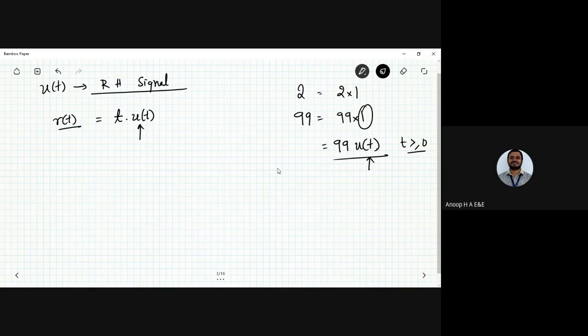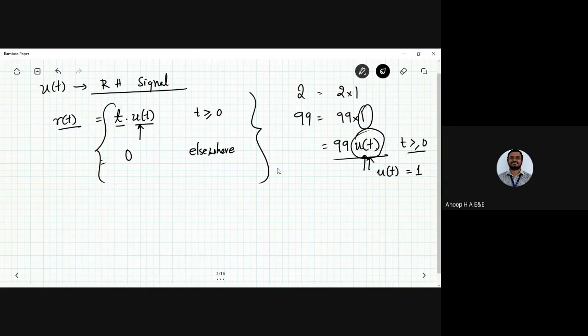So I can write this as t into u(t) for t greater than or equal to 0, and 0 elsewhere. This is the representation of a ramp signal by a unit step function, a very important one.